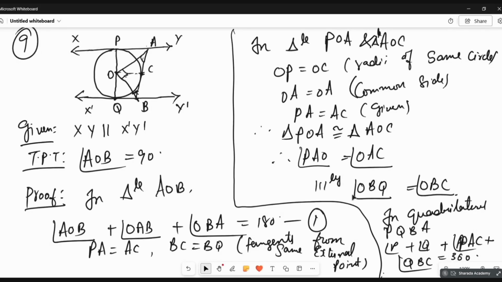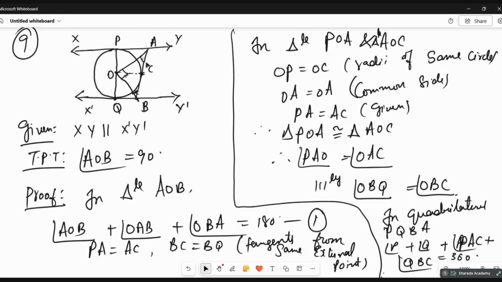Listen now. I have to prove that angle AOB is equal to 90 degrees. What they've given is XY is parallel to X dash Y dash. That is the given thing. So from this diagram, AOB is what? It is a triangle.